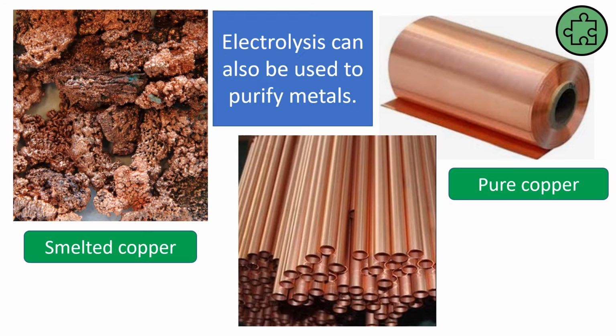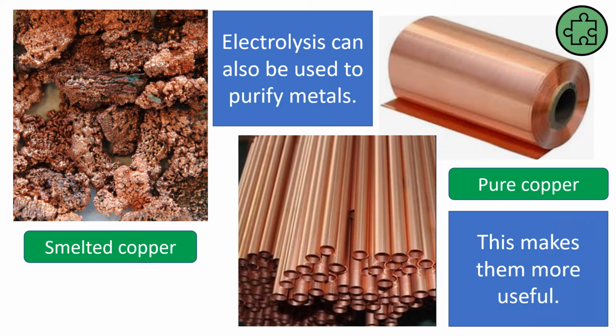So here you have smelted copper on the left here. So this is copper that has been extracted using a displacement reaction. So copper oxide plus carbon making the copper. And you can see here it's still pretty raw, it's still pretty lumpy, it's not very pure.